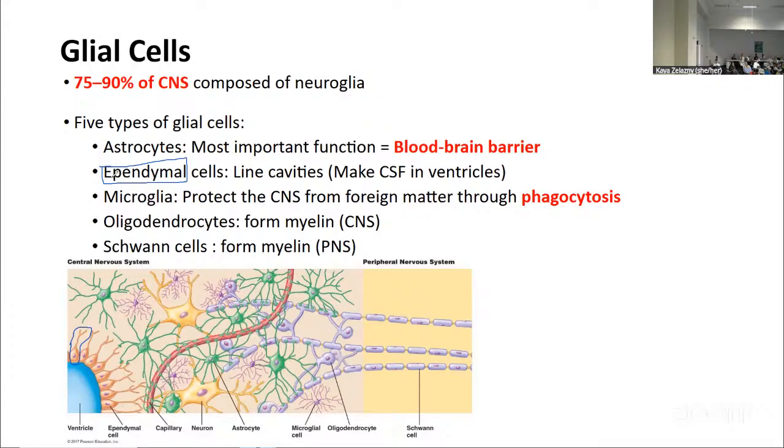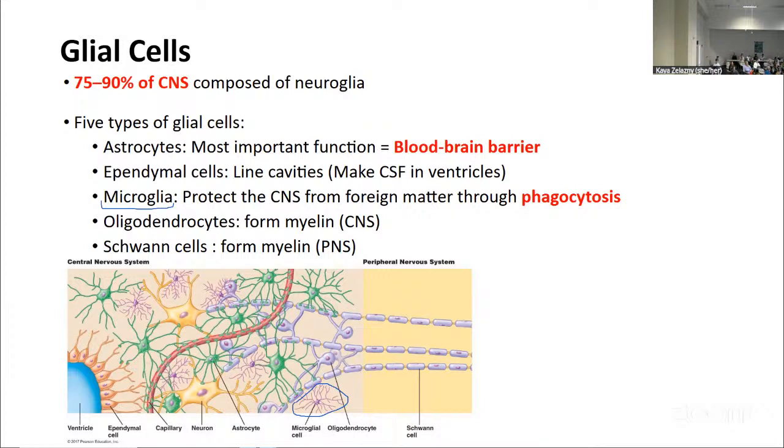Ependymal cells are lining that ventricle, lining this cavity. Our microglia, think of those as like our immune system for our brain and spinal cord. So phagocytosis is when you eat another cell. So our microglia are going to be swimming around, helping defend the central nervous system from pathogens.